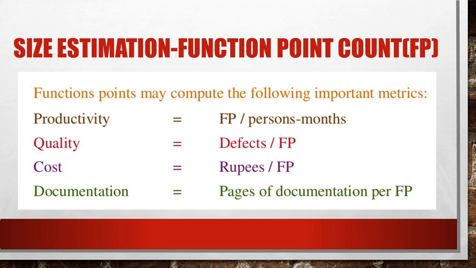Function points may compute the following important metrics: productivity, which can be calculated with the unit function points per person month. Quality can be calculated as the number of defects per function point.